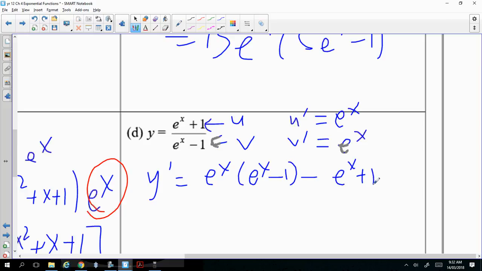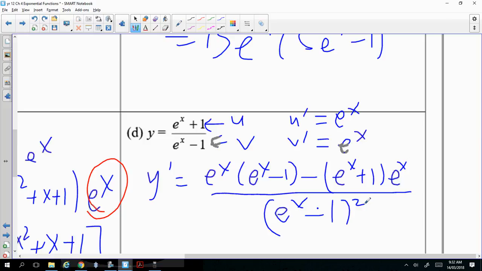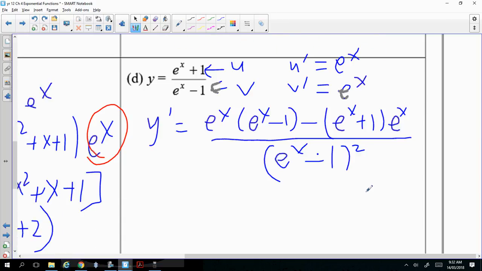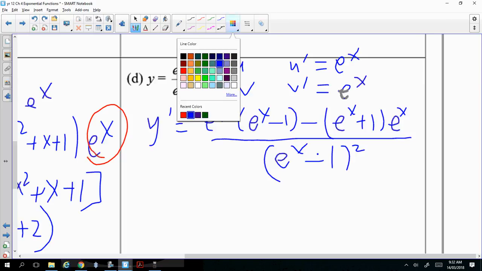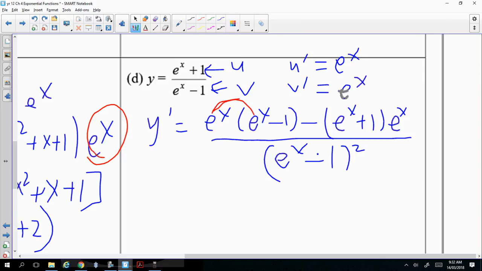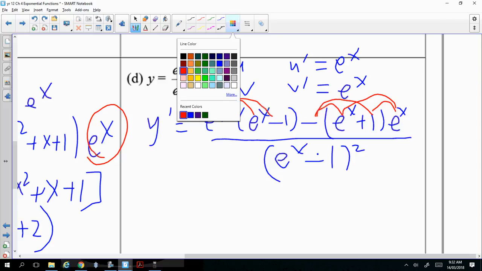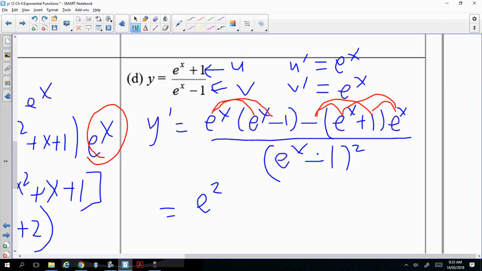So again, I encourage you, you can factorize or you can expand, up to you. Maybe this time I expand. Expand this, including the e to power x. And you will get e to power 2x minus e to power x, minus e to power 2x minus e to power x, over e to power x minus 1 squared. Okay? And you need to collect like terms.